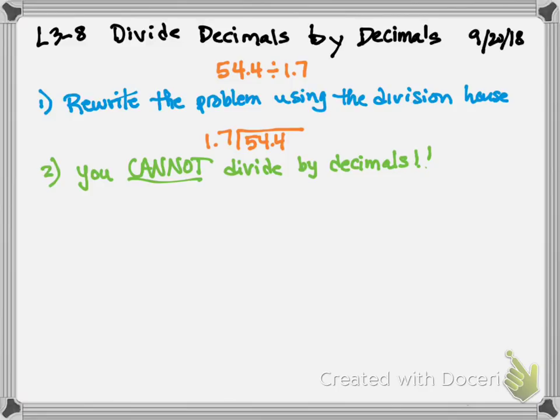So in order to keep the 1 and the 7, but to move the decimal point, we're going to do a little multiplication, and we're going to multiply by some power of 10. So we're going to multiply the divisor by a power of 10.